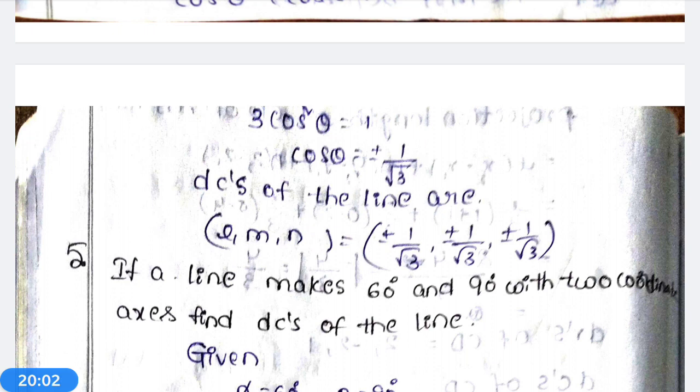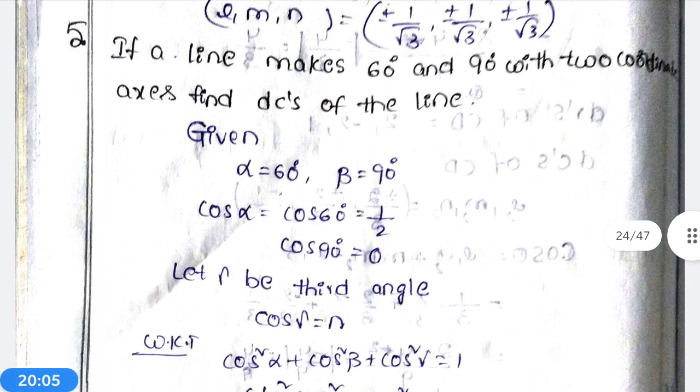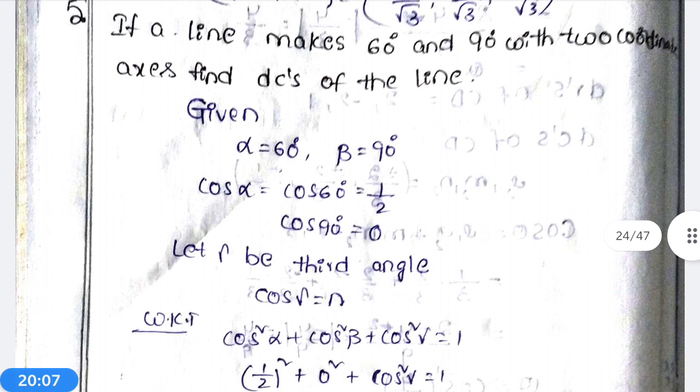Another problem. If a line makes 60 degrees and 90 degrees with two coordinate axes, find DCs of the line. Let the line make 60 degrees with x-axis, 90 degrees with y-axis, theta angle with z-axis.